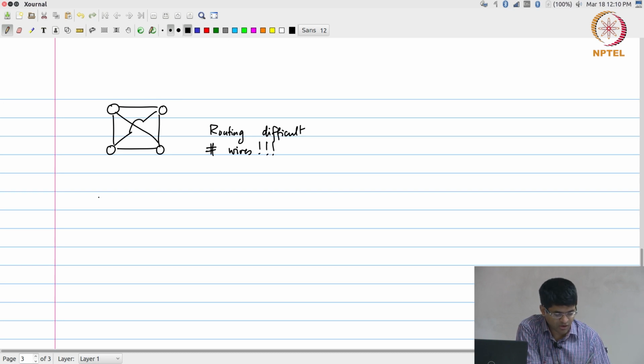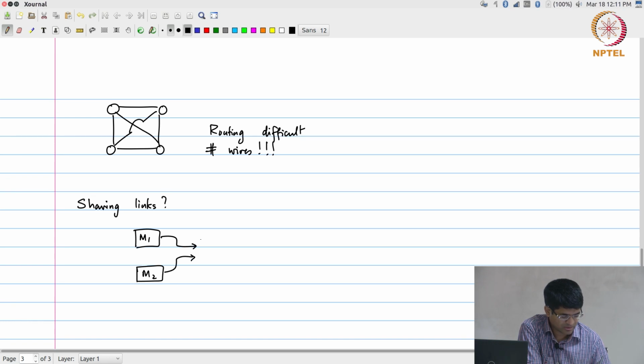The moment we are talking about sharing a link, it becomes a question of how do I take a wire and share it between 2 modules. In other words, I have M1 and M2, and both need to be able to change the voltage on a given wire.